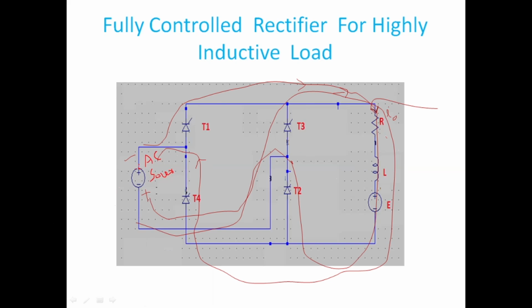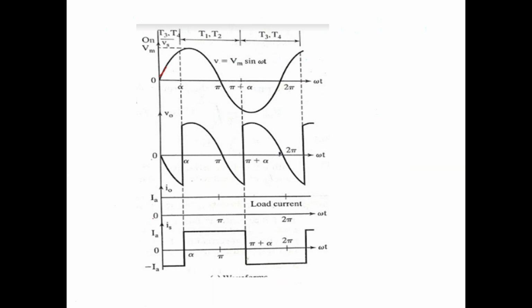If you compare this arrow and this arrow, they are the same. So in the negative half cycle also load current is positive. That's the reason the load current from alpha to pi plus alpha is in the same direction, and pi plus alpha to later also it is in the same direction. So load current is, magnitude wise, always positive.